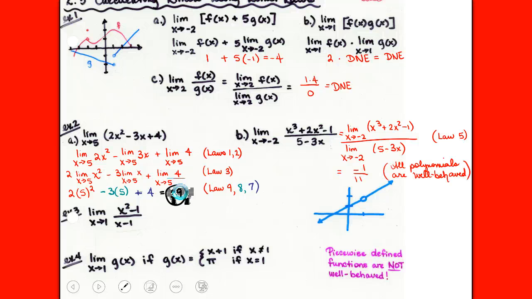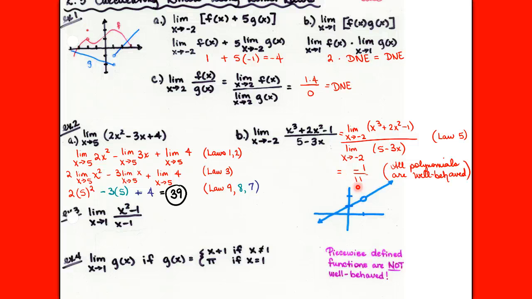And we just proved that all polynomials are well behaved. So I don't have to go through and do all those crazy steps that I just did over here a moment ago. I can just use that I just proved all polynomials are well behaved as my justification for taking -2 and just using direct substitution into that cubic and getting -1, and then taking -2 and using direct substitution into that linear and getting +11.